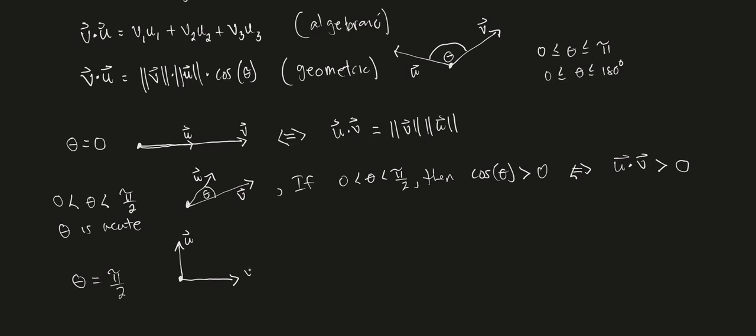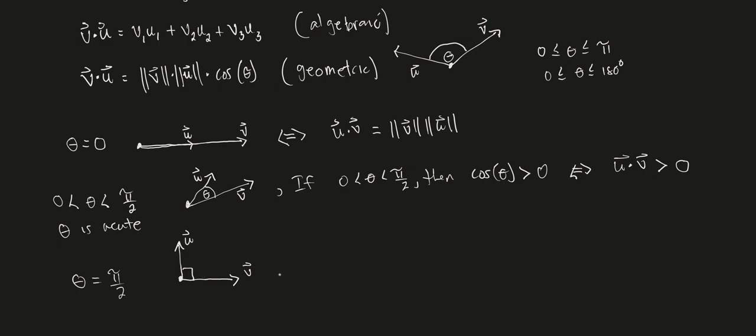So that would be u, that would be v, and then this would be our theta. Now obviously, we can use the word perpendicular, but there's another word that is used quite a bit in the study of vectors for vectors that happen to form a 90-degree angle, and the word is orthogonal, right?